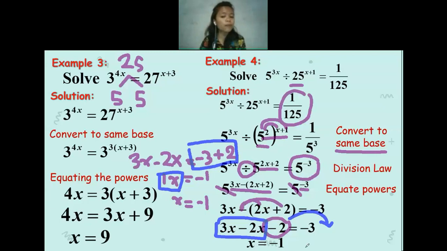After we make everything into the same base, we have to simplify all of the calculation. How do you simplify? You have to check the index laws. After you simplify, you cancel the base. We only focus on the powers. Yes, we simplify everything and then we only calculate the powers. That is what we do. Is there anyone having any questions so far?